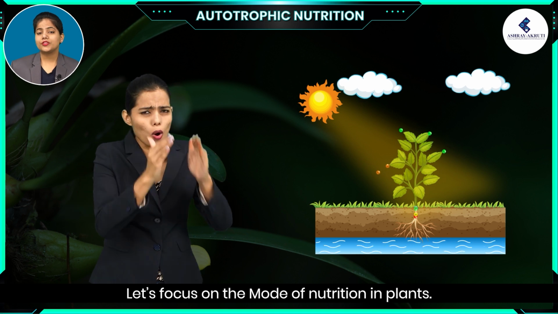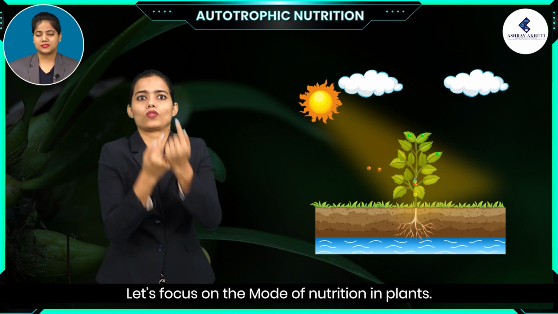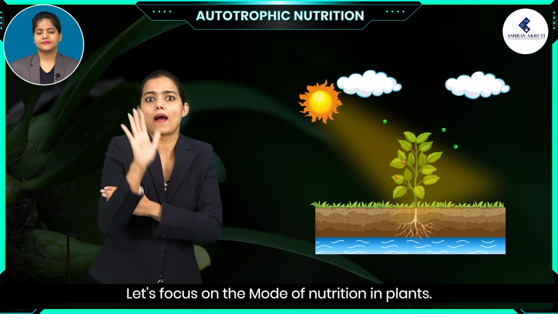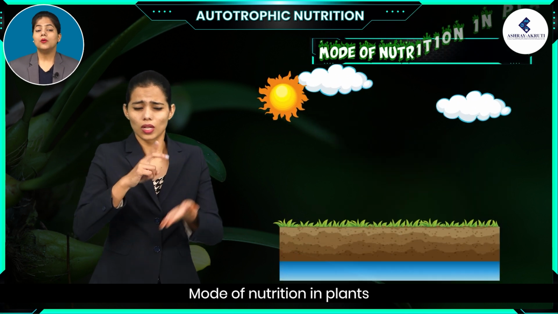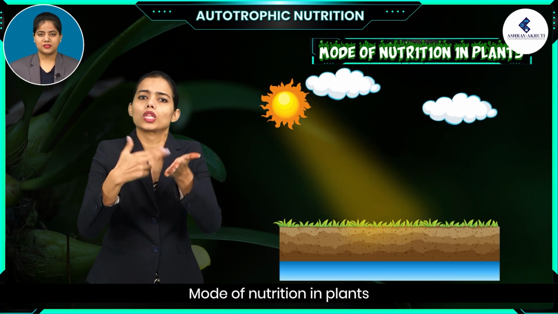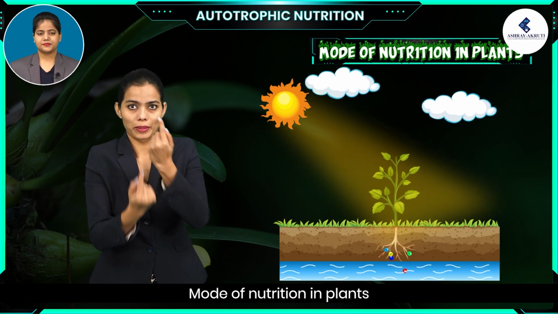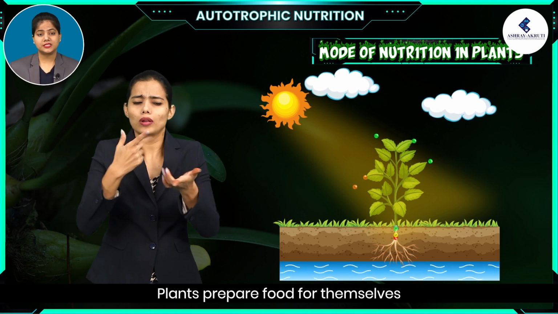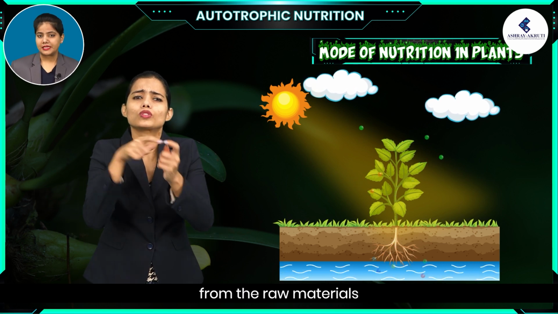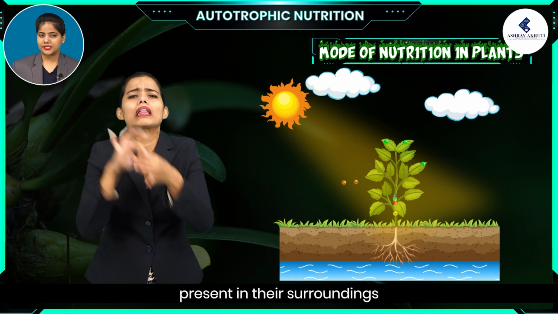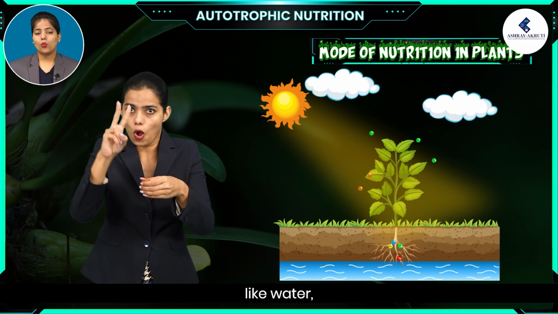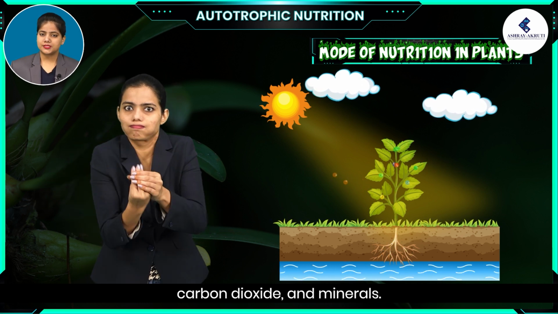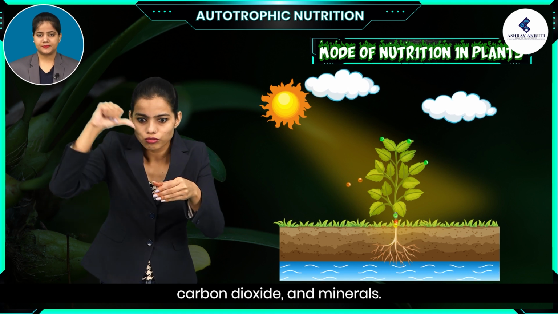Let's focus on the mode of nutrition in plants. Mode of nutrition in plants. Plants prepare food for themselves from the raw materials present in their surroundings like water, carbon dioxide, and minerals.